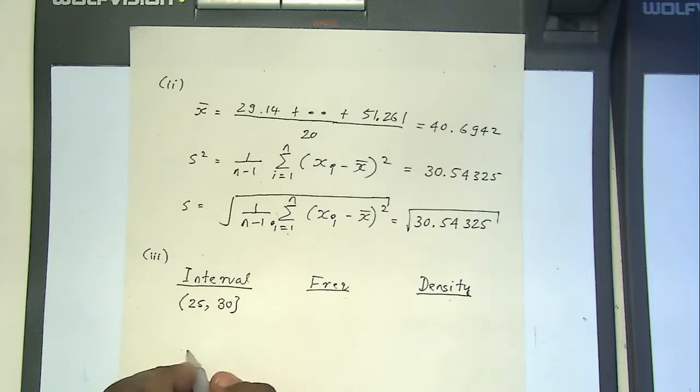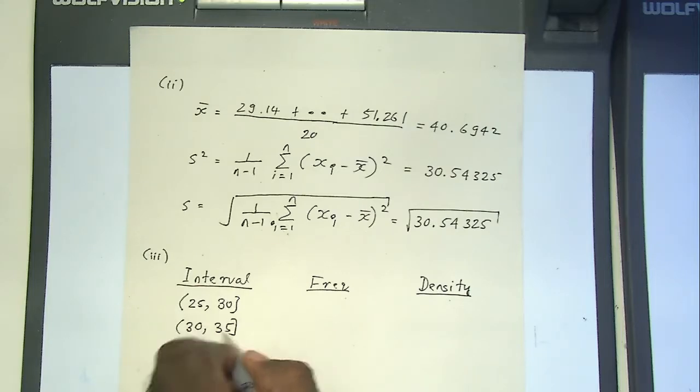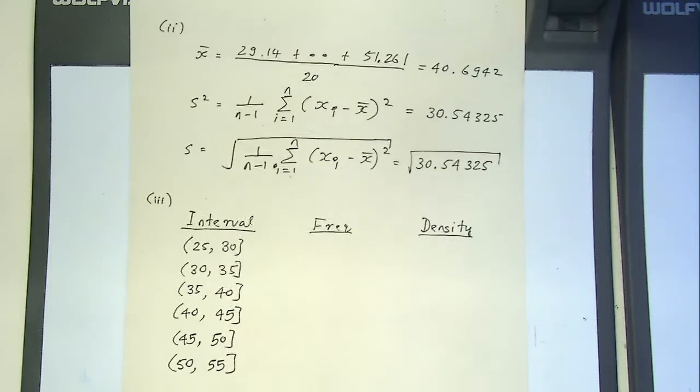So the obvious thing to do is the following. This will be the first interval. The second interval will be this one. The third will be this. The fourth will be this one. And the fifth will be this one. And the final one will be this one. So these are the intervals.